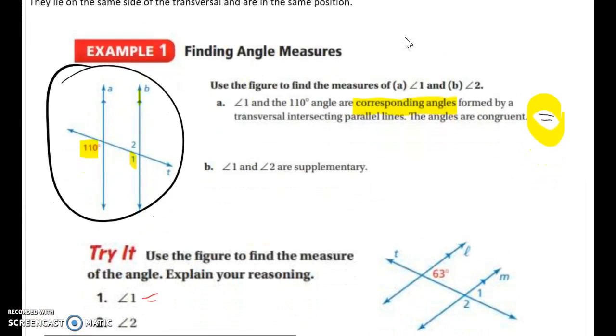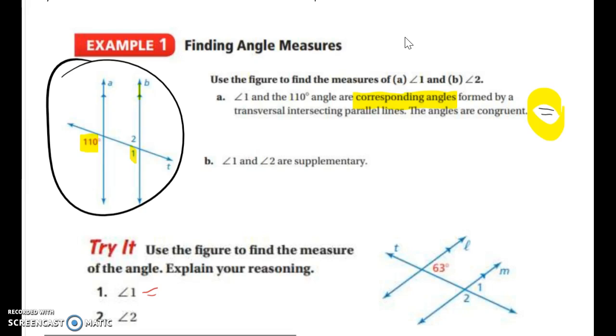If we go back to our example, you'll see that angle 1 and the 110 degree angle are both in the bottom left side of lines A and B being cut by line T. Since they're both in the same position in that bottom left corner, they are equal. The only reason we can say that is because of these two symbols right here saying that the lines are parallel. So we know that angle 1 is actually 110 degrees.